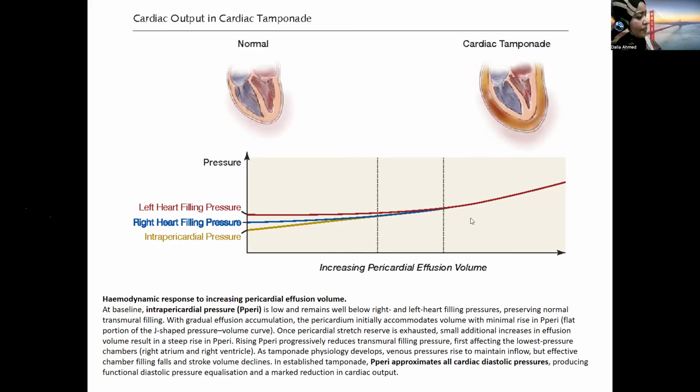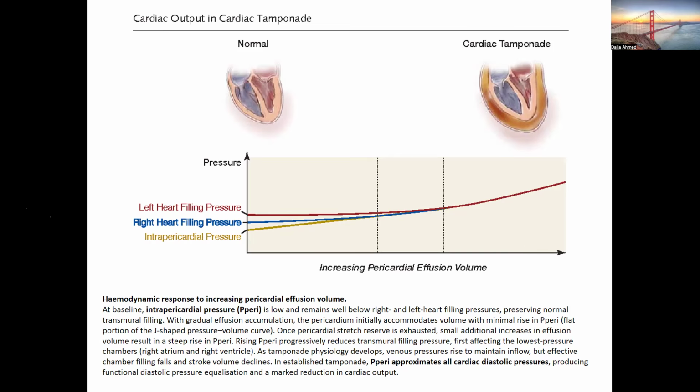And for the heart to fill in, the venous pressure has to increase a lot, because the intrapericardial pressure is quite high, and it equalizes. So to fill in the heart, the venous pressure has to go very high, and that reflects on the high JVP.